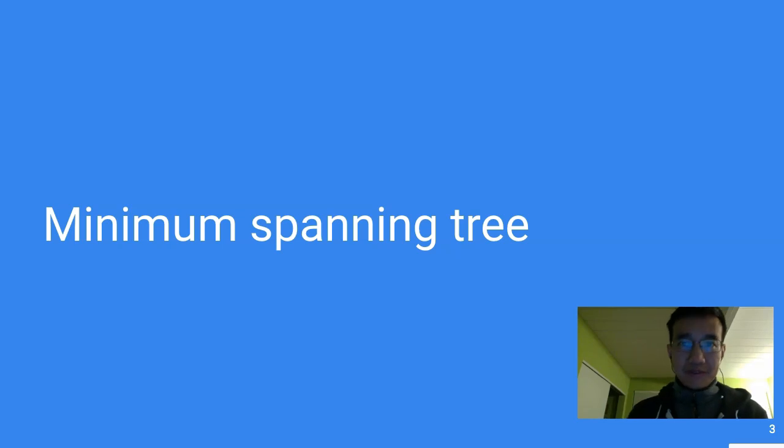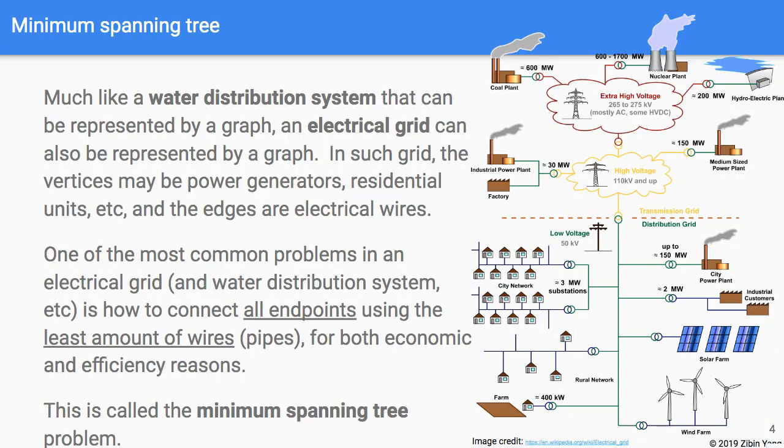Hi, in this video, we're going to introduce another graph problem called the minimum spanning tree problem. So we have seen that a graph can be used to represent things like a water distribution system when we talked about the max flow problem. Just as well, a graph can be used to represent something like an electrical grid.